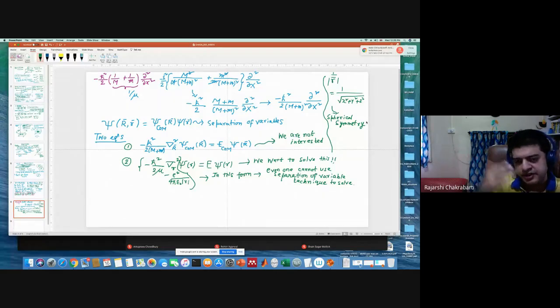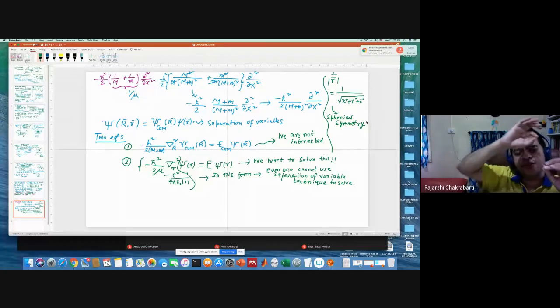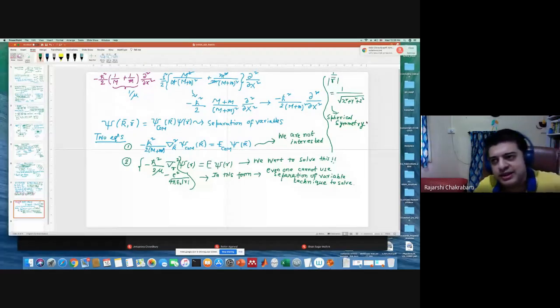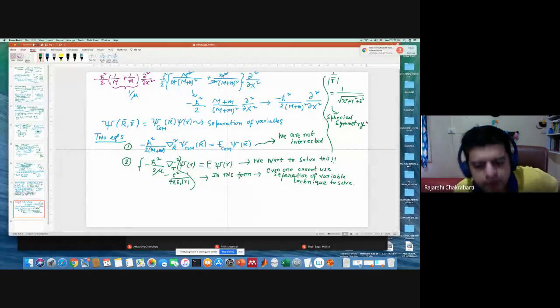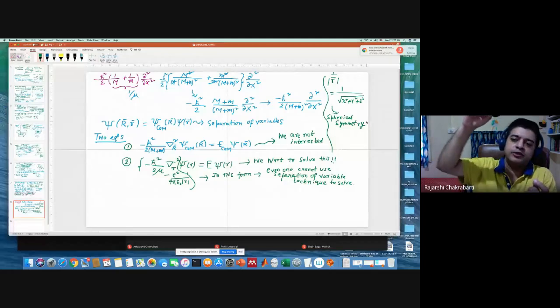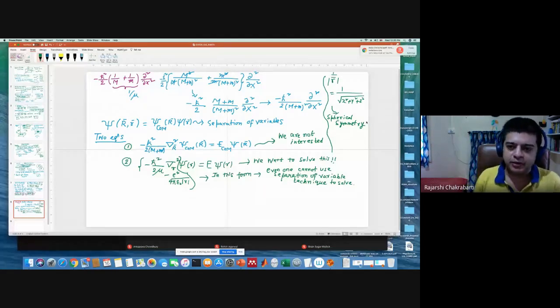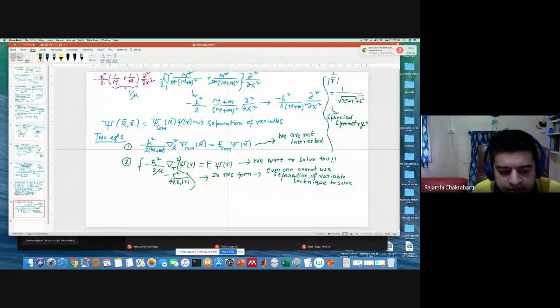If I go away from the nucleus radially in any direction, my potential will change in the same manner. So essentially you have the nucleus here, and the electron could be anywhere from the nucleus. The interaction between the electron and the nucleus depends only on the distance between these two, this radial distance. So essentially, the problem has spherical symmetry.